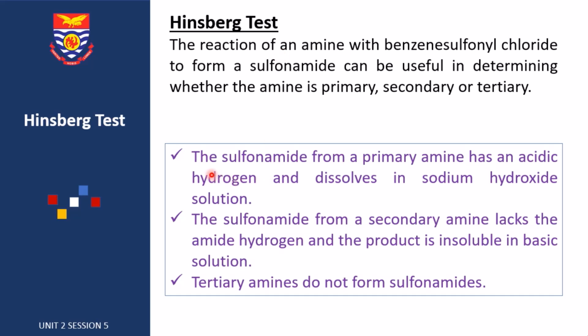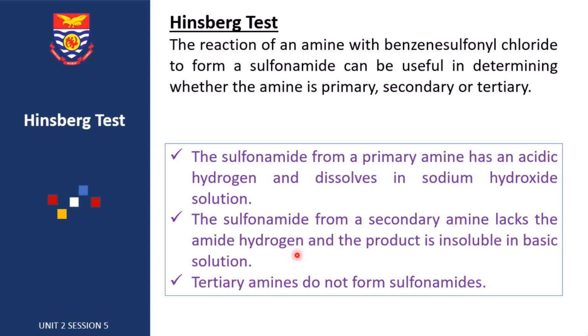The sulfonamide from the primary amine has an acidic hydrogen and dissolves in sodium hydroxide solution, whereas the secondary sulfonamides produced from the Hinsberg test lack this ability to form hydrogens that will dissolve in sodium hydroxide. So the product formed is insoluble in basic solutions. The basic solution here is our sodium hydroxide.